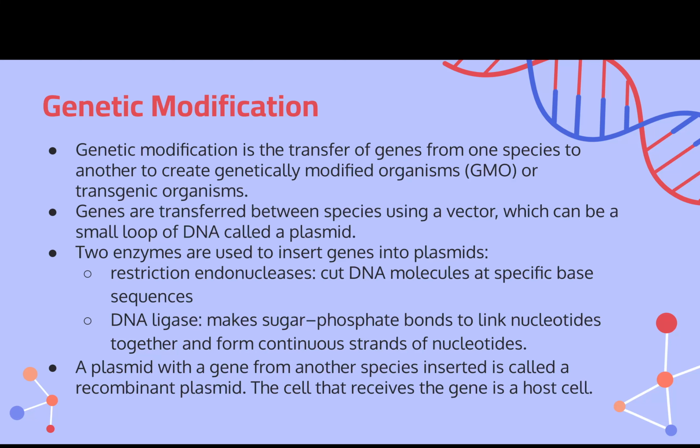A plasmid with a gene from another species inserted is called a recombinant plasmid. The cell that receives the gene is a host cell. So any plasmid that's used as a vector is also known as a recombinant plasmid, and the cell that receives the gene is the host cell.